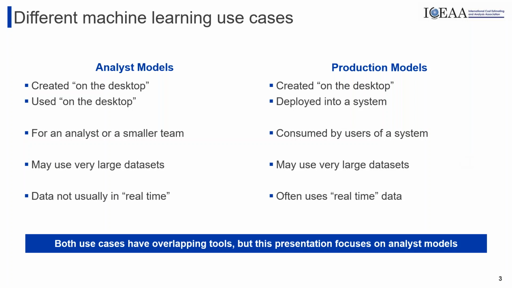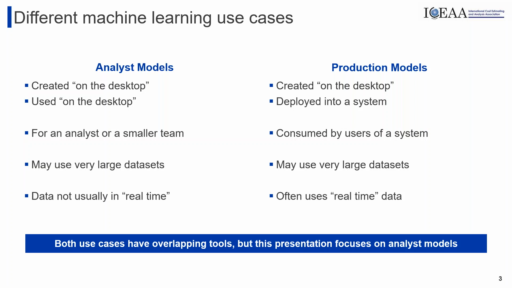So think of the way that a machine learning model might be trained to predict what show you might want to watch next for Netflix, or to detect fraud for banking and credit cards, or when a system might go offline or online in a complex manufacturing environment. Often those are models that are built and deployed onto a system that get consumed and used by an end user in some automated fashion.